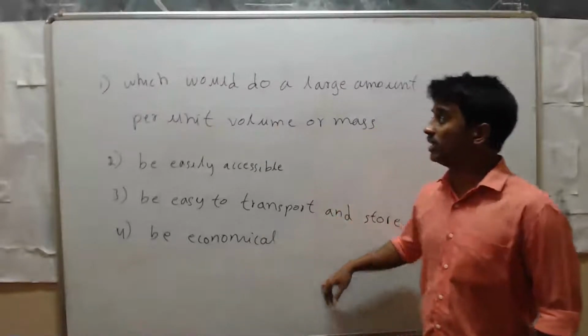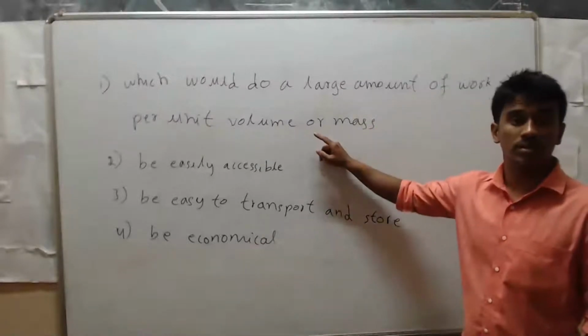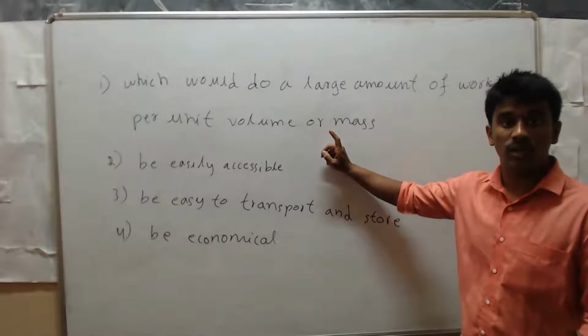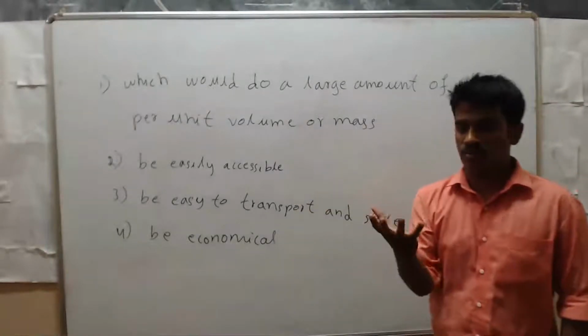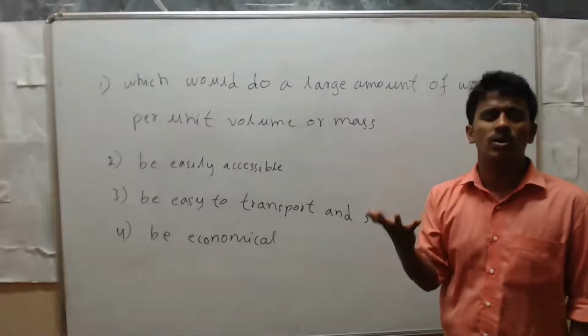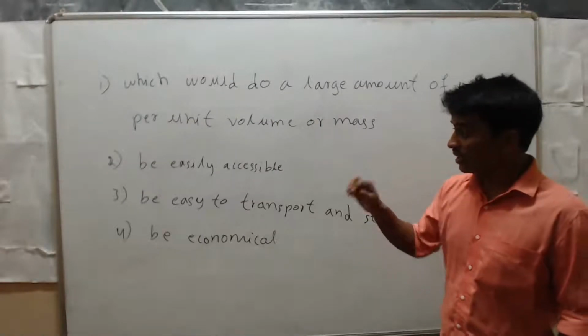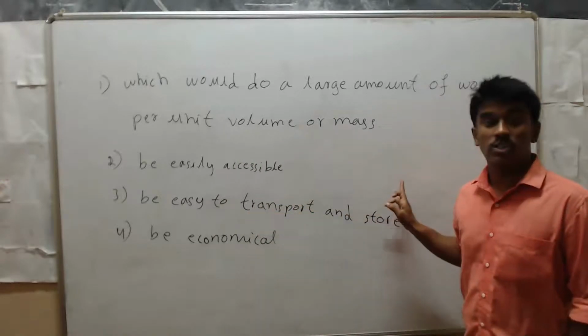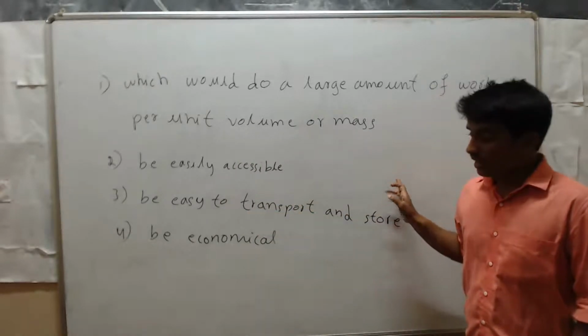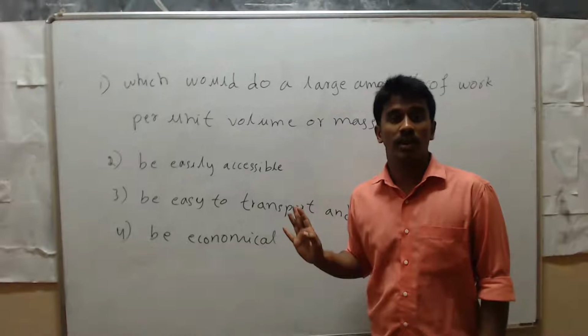First one, it should do a large amount of work in a less mass. For example, you have some energy, it should do a lot of work. Then it should be easily accessible and easy to transport and store. And it should be economical.